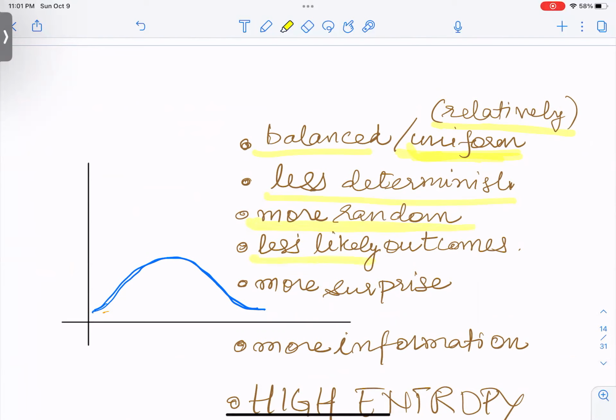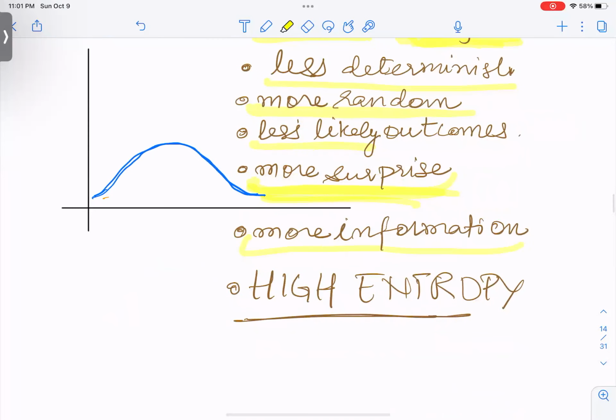The average surprise would be more because all the probabilities are lower, right? But if it happens, then you think, oh, I never assumed that, I never predicted that thing to happen. That's why you would be more surprised, because those events were less likely. The more information you would gain, like the sun and the moon example, because there was a sense of randomness. And that would lead to high entropy.